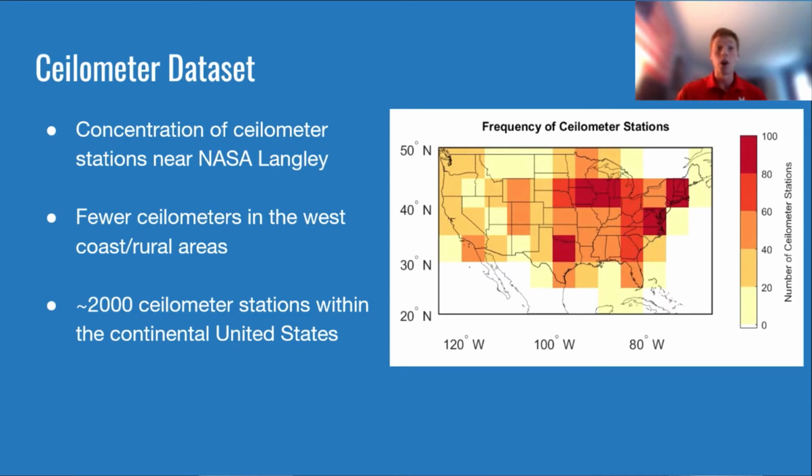That's good for us because that means we can match them with most observations. Ceilometer stations must be within 30 kilometers of a citizen's observation in order to match it. So we need many ceilometers spanning a wide area to make sure we're not throwing away citizen observations because they can't be matched.